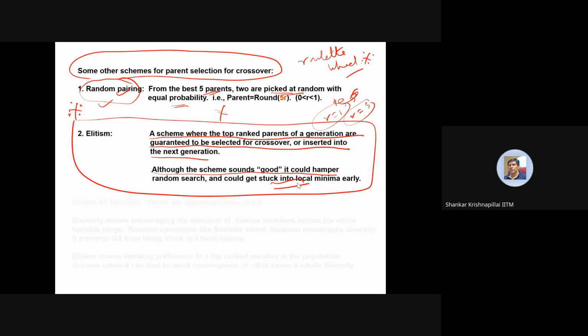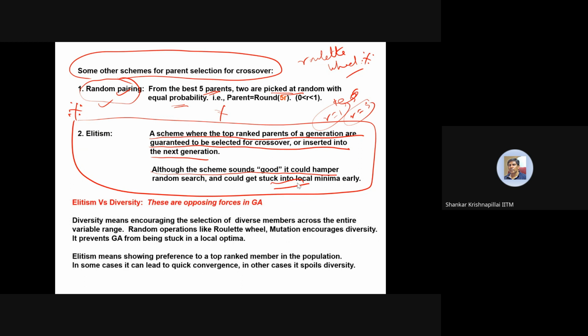So the important thing is elitism versus diversity. These are two opposing forces in a genetic algorithm, and not only in genetic algorithm, in all heuristic algorithms like simulated annealing and particle swarm optimization, these same concepts work. So what is the meaning of elitism versus diversity? Diversity means encouraging the selection of diverse members across the entire variable range.